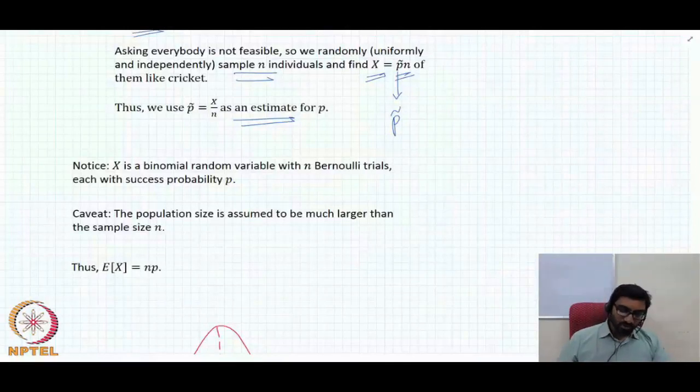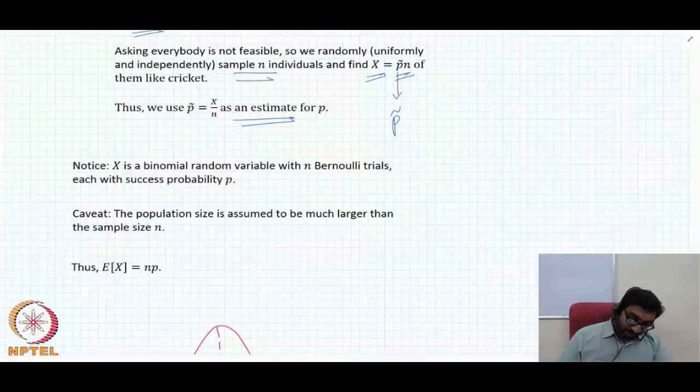With that sort of an assumption, we can notice that the random variable x is actually a binomial random variable, because each time we sample, our success is that the person we ask is a cricket fan, and that success is going to happen with probability p. And we're going to count the number of such successes, and so this random variable x is going to follow the binomial distribution.